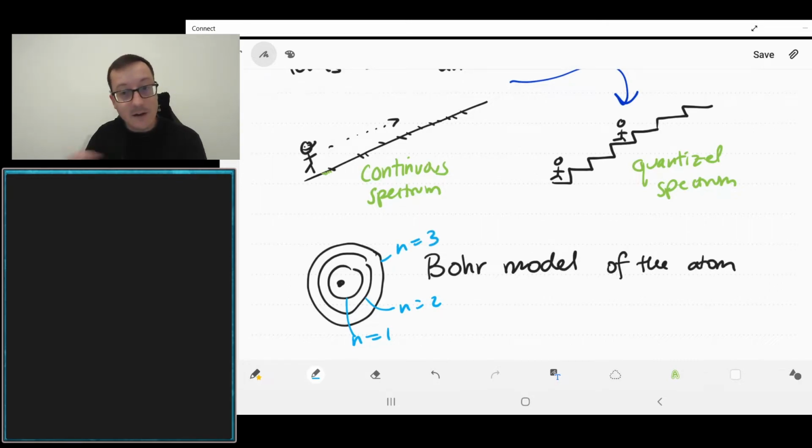And those energy levels were what corresponded with the differences in energy that could be absorbed by the electrons.